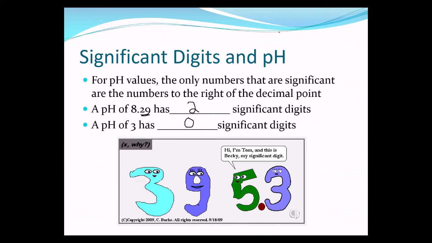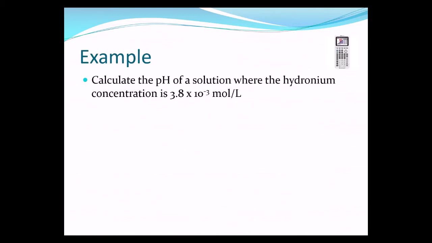A regular number like 4.12 would include all of them, so it has 3 sig digs. If I did 4.123 times 10 to the 3, all of these numbers are significant, so it would have 4 sig digs. But pH is different: we only include the numbers to the right of the decimal place.